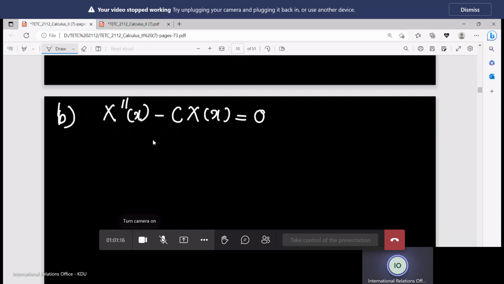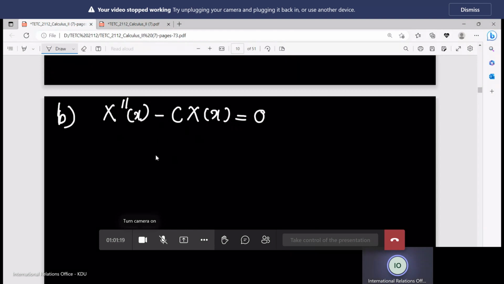So here first we are going to consider this part only.